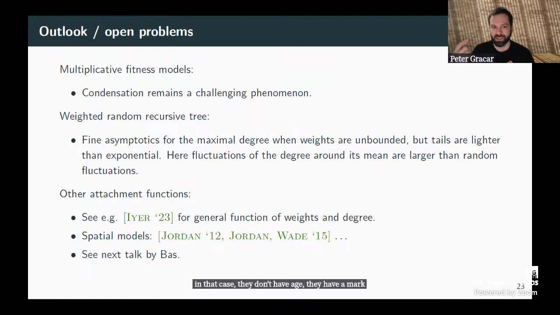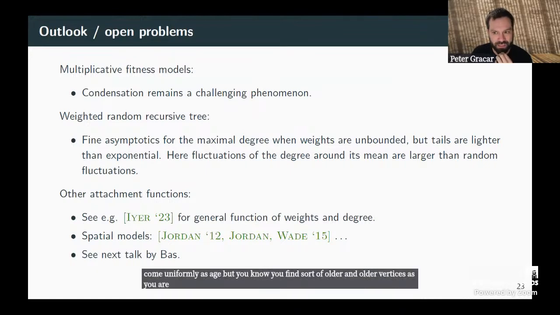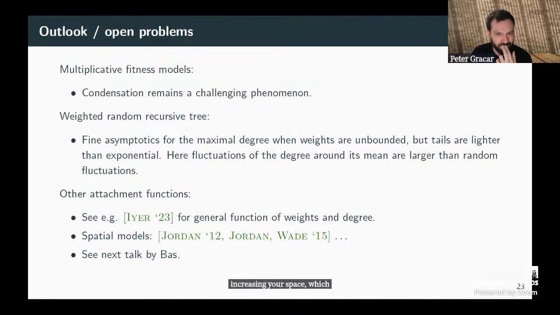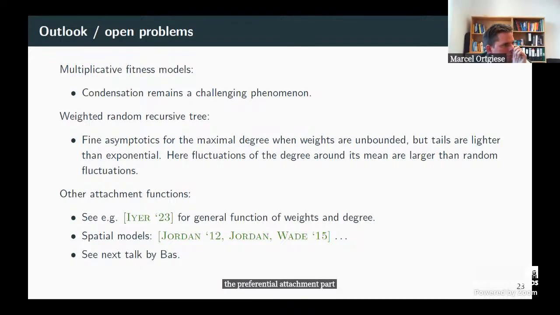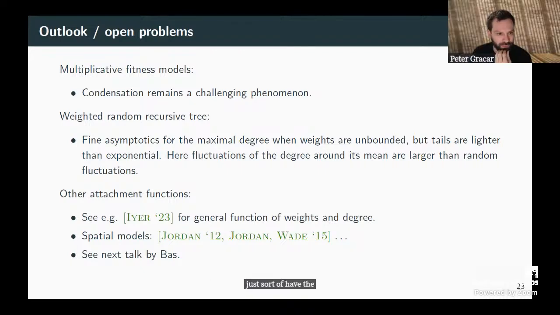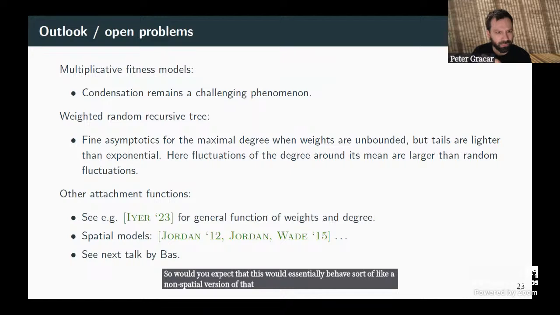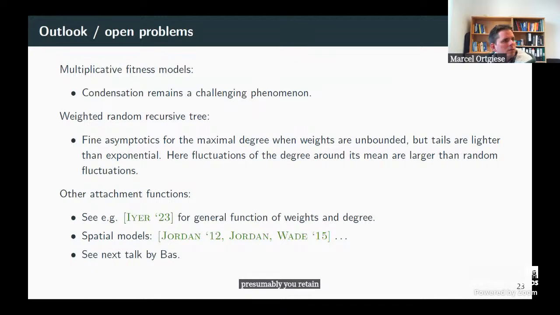But the marks are not coming uniformly as age, but you find older and older vertices as you increase your space, which sounds very similar to this example now at the end, where you turn off the preferential attachment part and just have these additional fitnesses. So would you expect that this would behave like a non-spatial version of that, because you lose the ordering, but otherwise presumably you retain other properties?